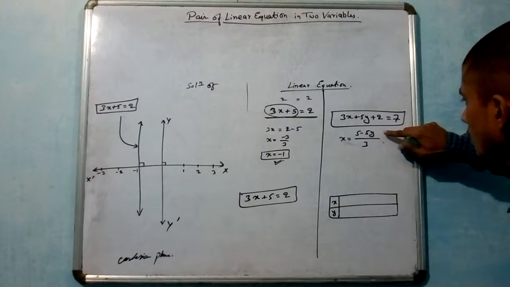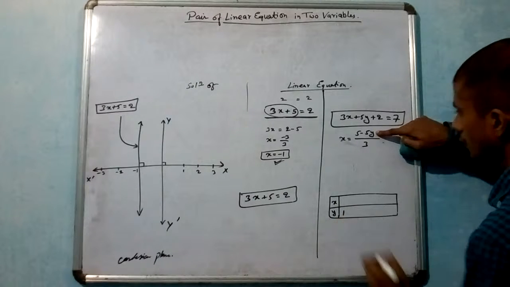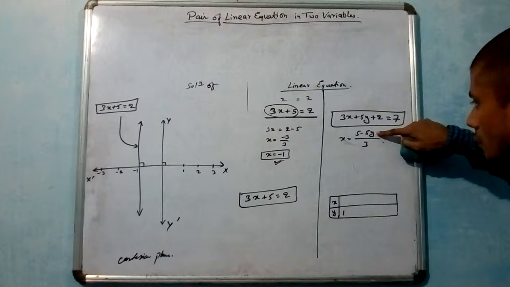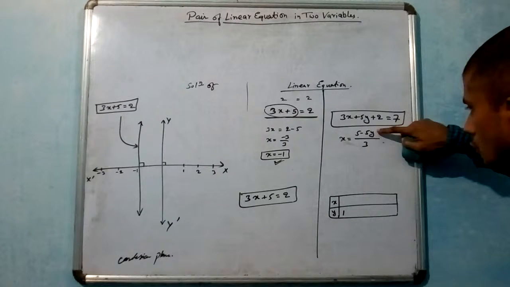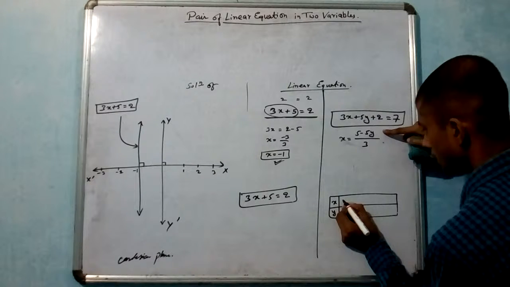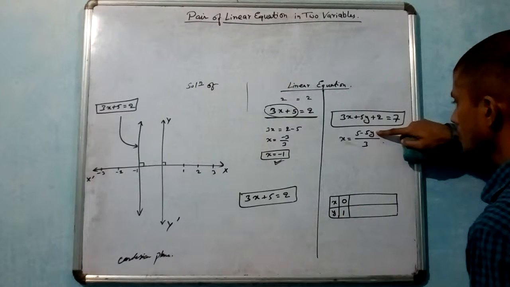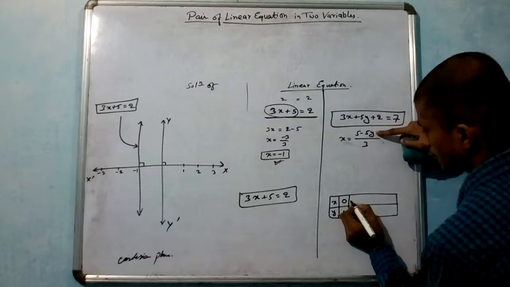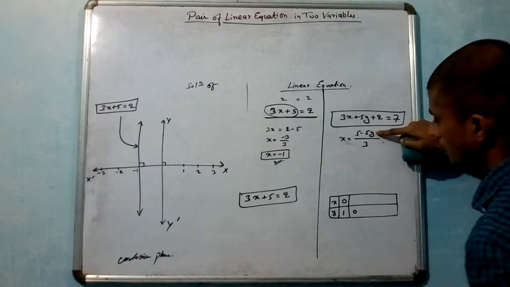And if we keep y as 1, if you substitute y as 1, then what will happen? 5 into 1 is 5, 5 minus 5 is 0, 0 by 3 is 0. So x we will get 0. If you substitute any other value for y, say anything, y minus 1 or 0, anything.